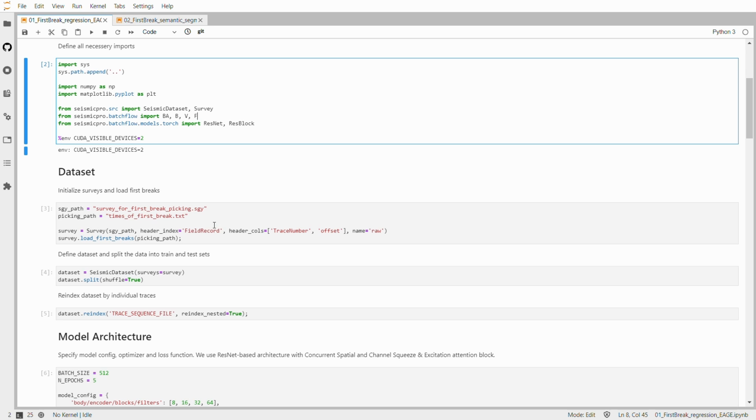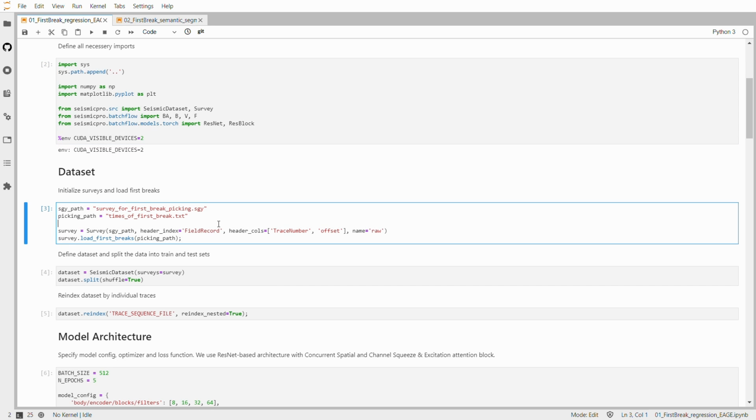Before the neural network will be ready to solve our problem, we must feed it with a lot of data. This data should include model inputs, in our case traces, and labels, times of first break. Such data is usually called a dataset. In this cell, we define an object responsible for the dataset loading.